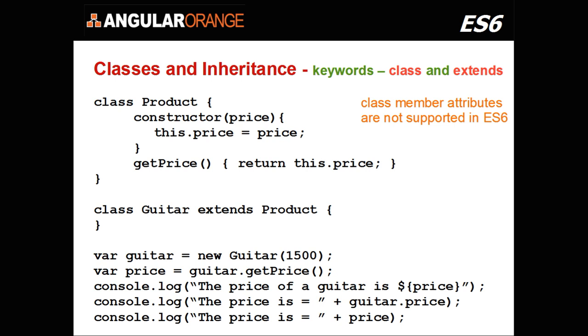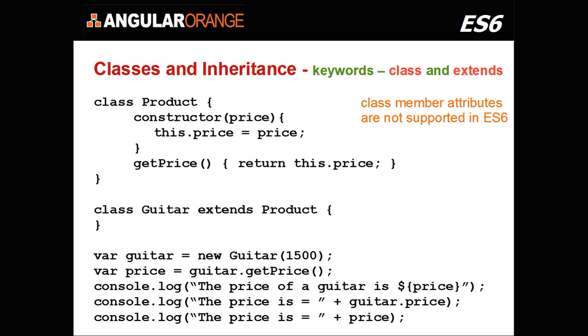But let's move forward and look at inheritance. Here I have a class Guitar which extends Product. Now if I want to create a guitar, I say it's equal to new Guitar(1500). And 1500 would be passed to the constructor of the superclass, which is Product.